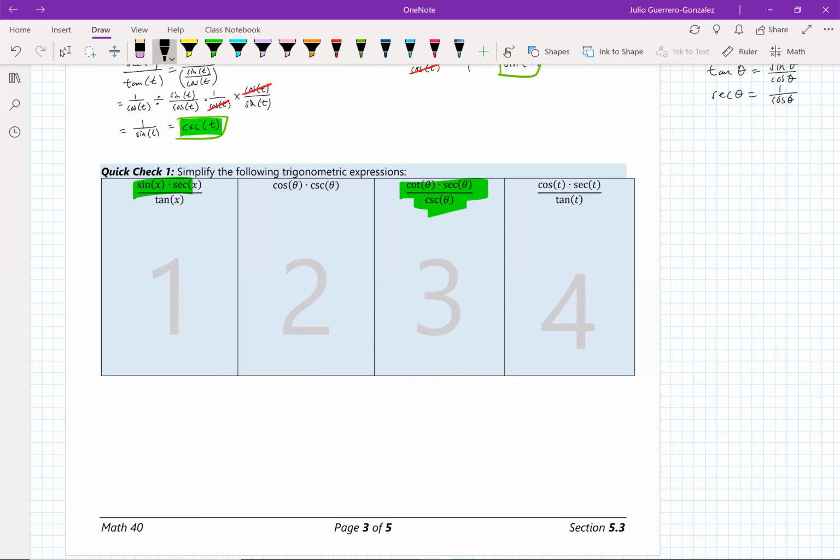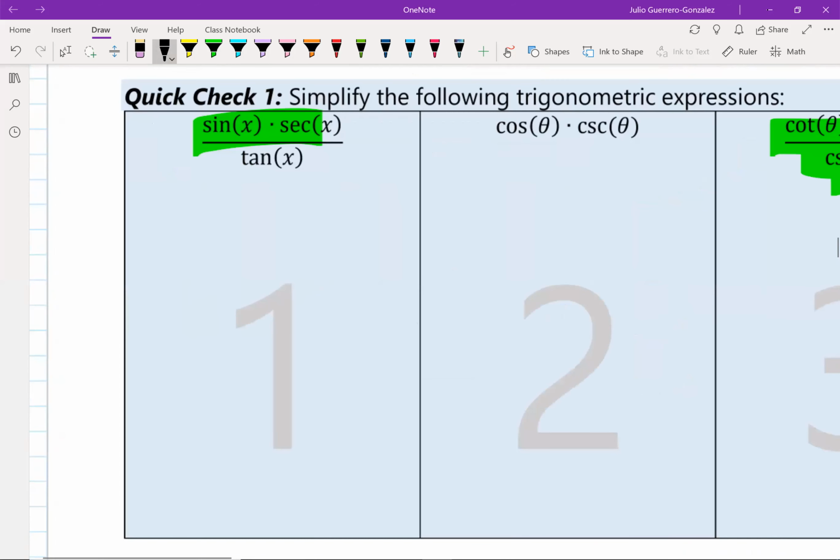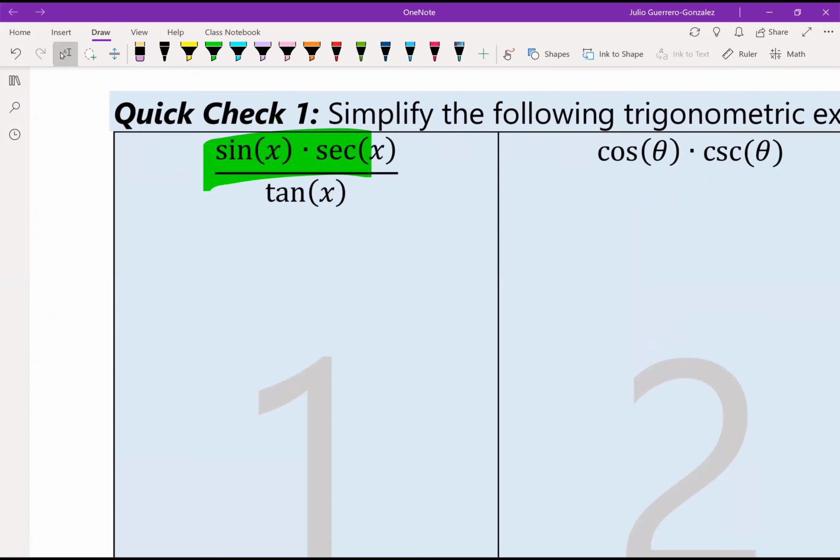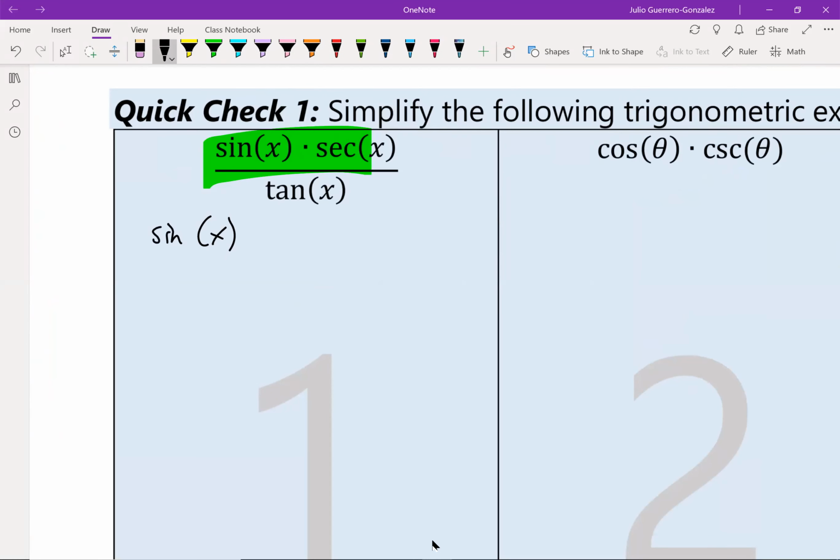Okay, so like I mentioned, we just want to turn everything possible back into sines and cosines. It's the easiest thing we can do for now, right? And then simplify it using our other methods. So we have sine of x times secant, which is 1 over cosine of x, divided by tangent of x.